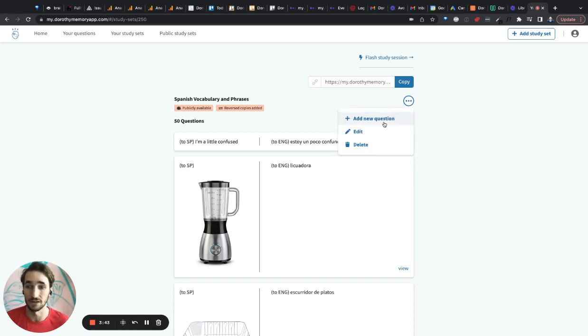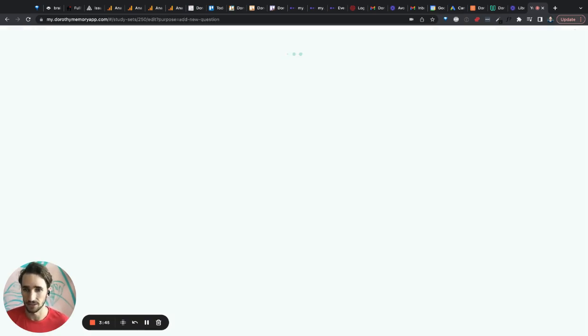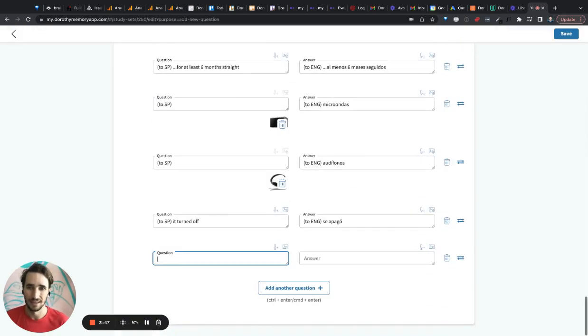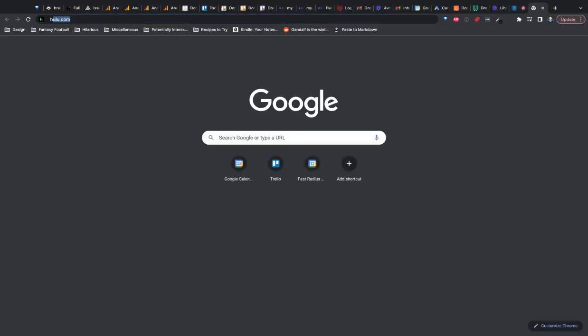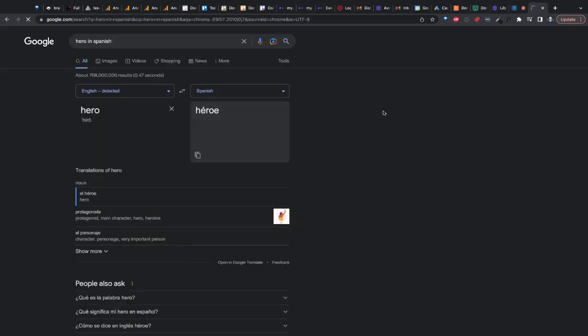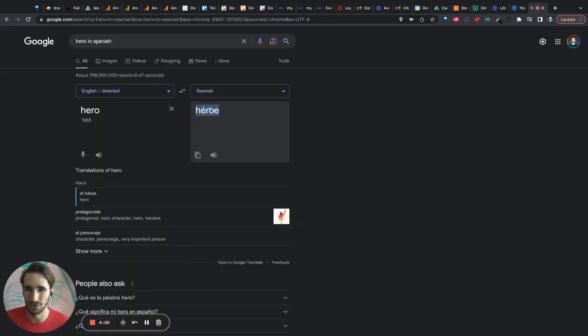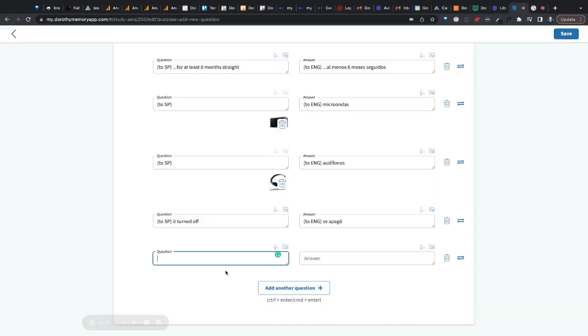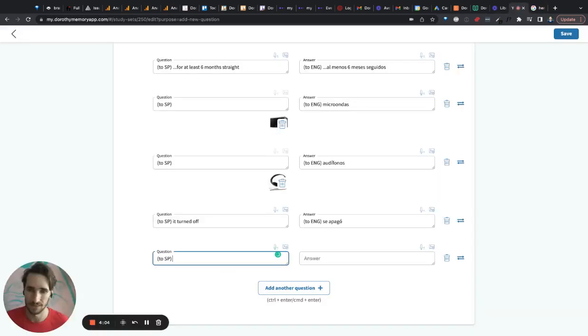I just now learned the word for hero, and so I want to add that as a question to Dorothy. So I'm going to search for hero in Spanish, so I get the word down. Okay, héroe. All right, so we're going to add this as a question right now. So to Spanish, hero, to English, héroe.